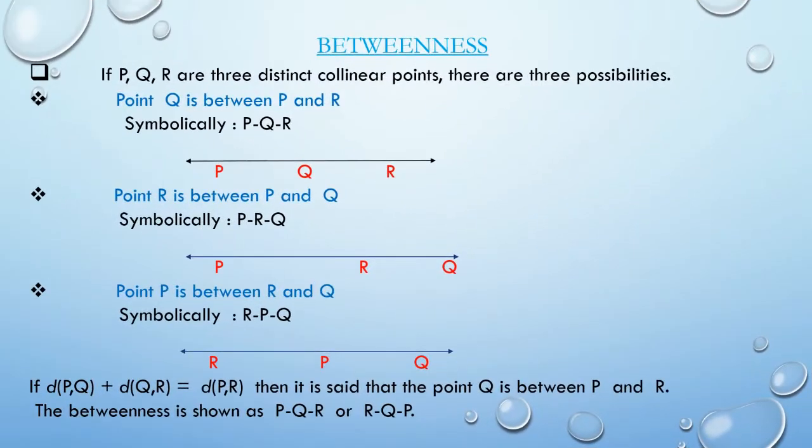Let us learn betweenness. If P, Q and R are three distinct collinear points, there are three possibilities.